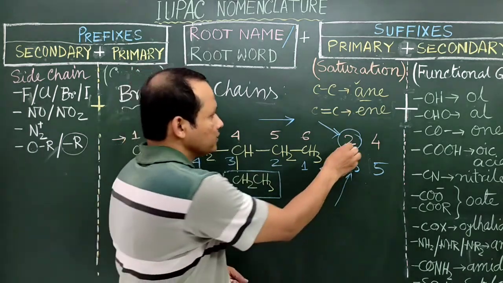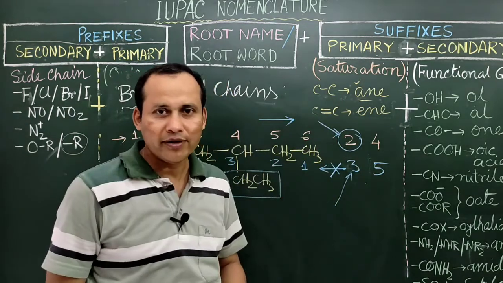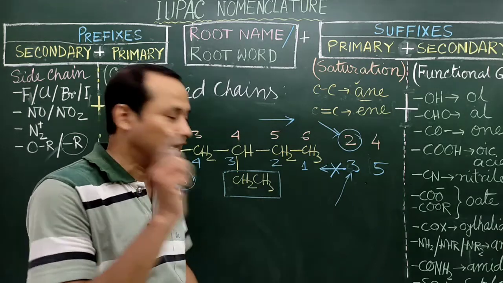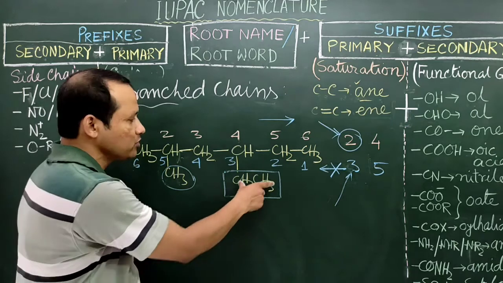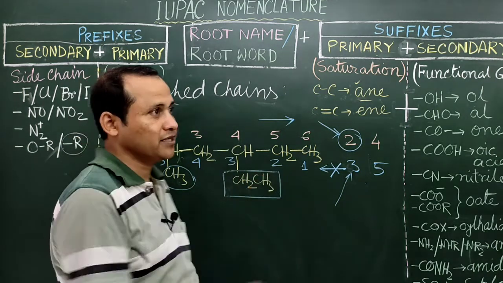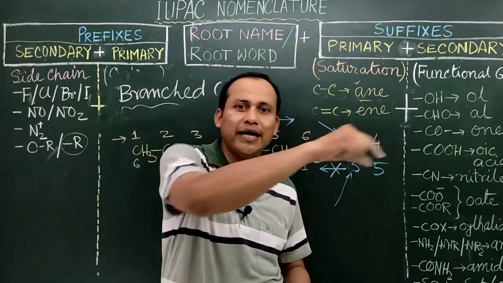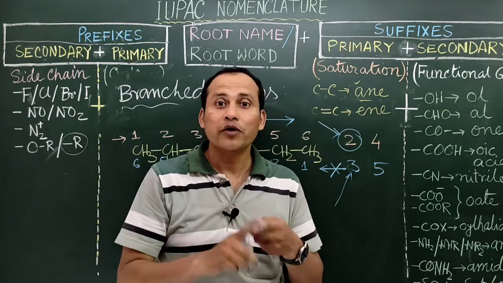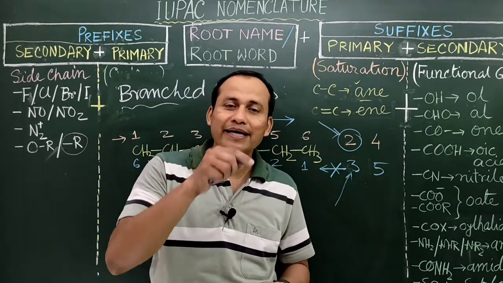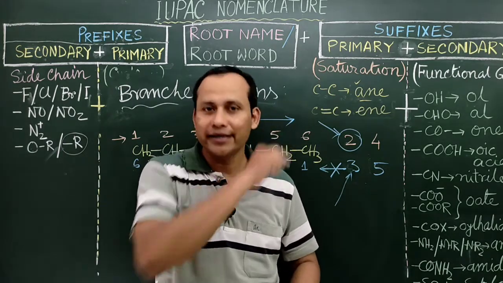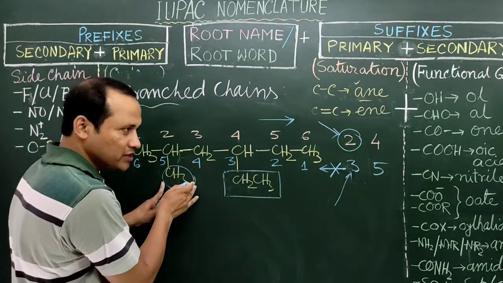First of all, the locants are saying that this is the correct way of giving the numbers, and alphabetical order shows that this is to be mentioned first, this is to be preferred. But in that case, the locant will be the one which will control the numbering. But when we write down the name of the compound, then we have to give the preference to the alphabetical order. So this will come first before this.